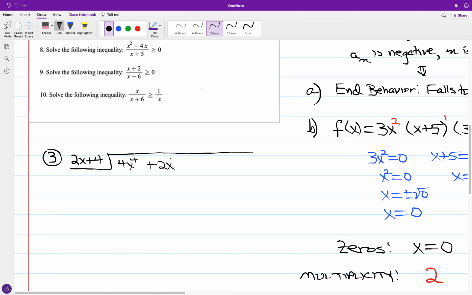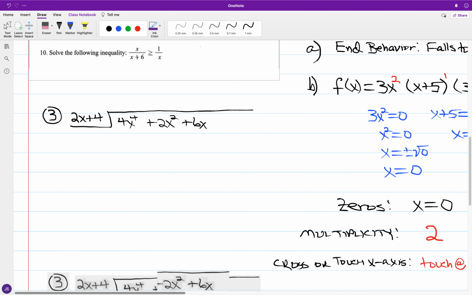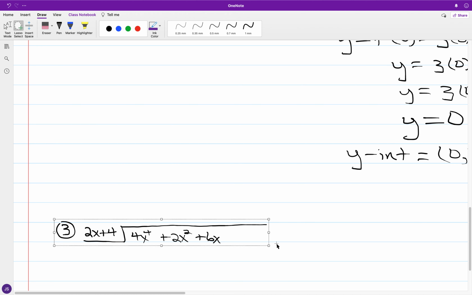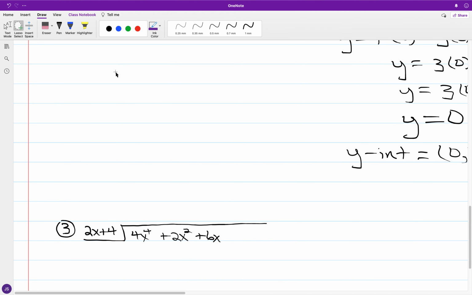And I'm going to make an adjustment here. So with the divisor, we have 2x plus 4. Again, we have a linear expression, but do not use synthetic division unless your leading term in the divisor is x, with no coefficient in front of it and no raised power on x.